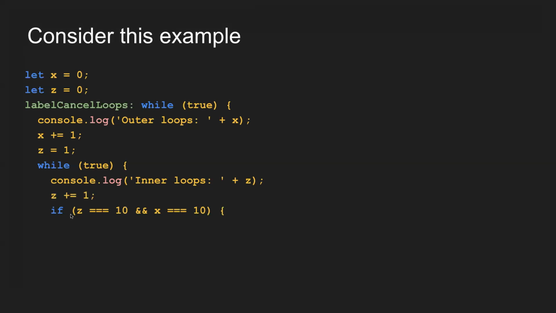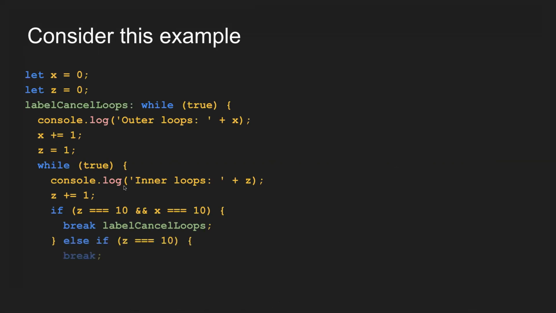If this condition is met, where z is equivalent to 10 and x is equivalent to 10, then break label cancel loop. That means we're going to exit not only out of this while loop, but out of that while loop.